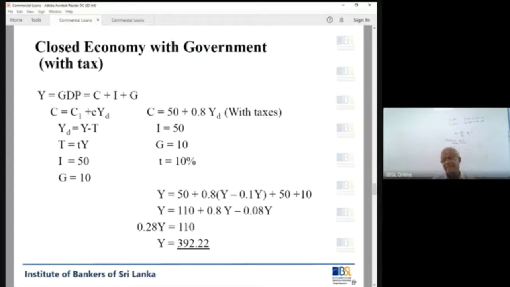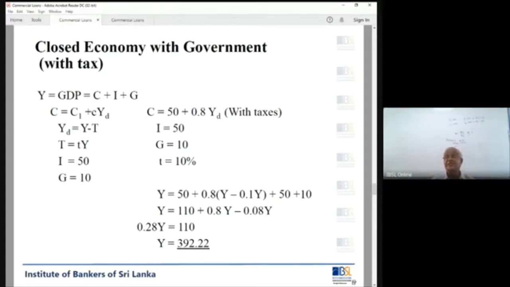You are not paying taxes on that. Therefore, you deduct the 100,000, and your taxable income is 9 lakhs, 900,000. 100,000 is exempted, and the taxable income is 900,000.